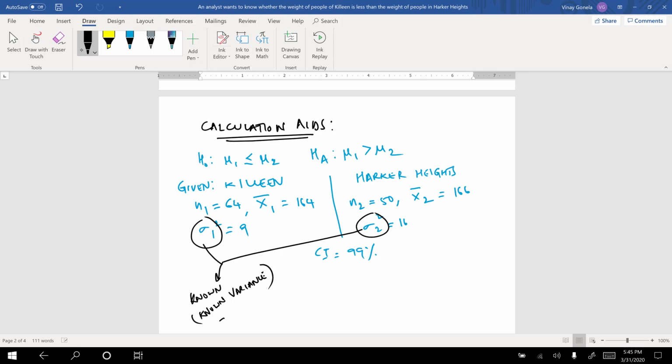Again, we are using Zstat because n1 is 64, which is greater than 30, and n2 is 50, which is greater than 30.